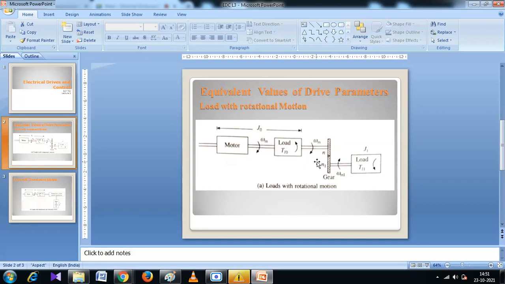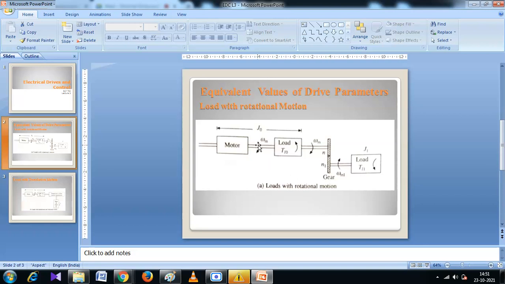Now is it clear what we have to calculate? Equivalent moment of inertia of this system and equivalent torque of this system. Okay, good.